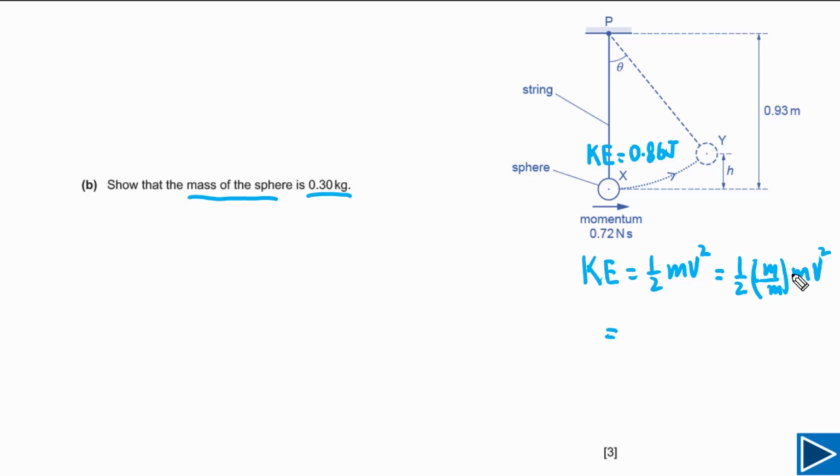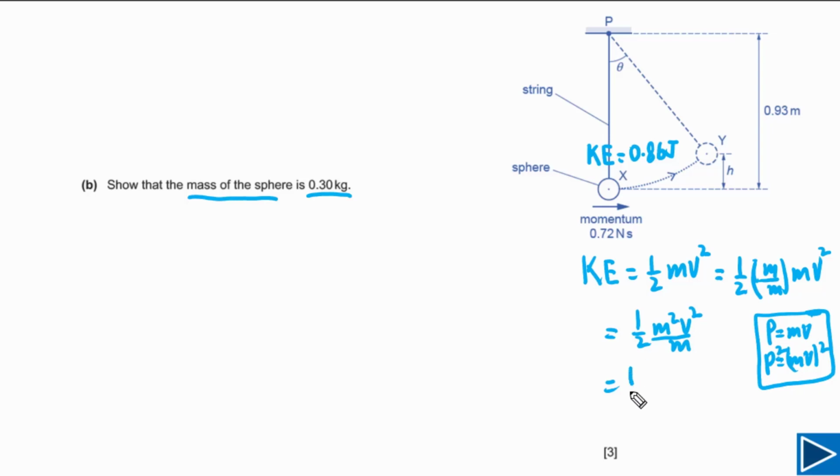We have m times m, so this will be m squared v squared divided by m. But if you look at m squared v squared, we know p is equal to mv. So m squared v squared is (mv) squared, which is the square of momentum. This is one small point you need to understand.